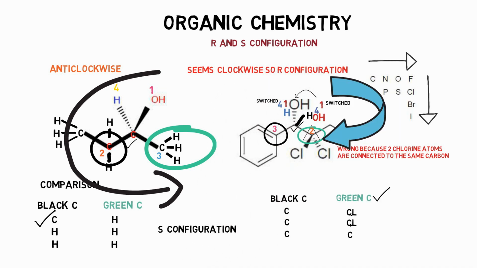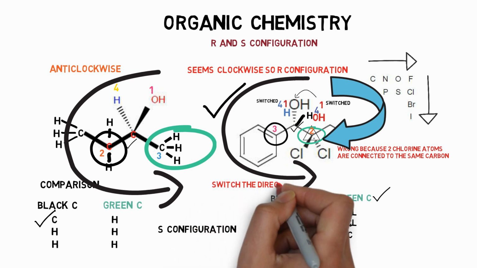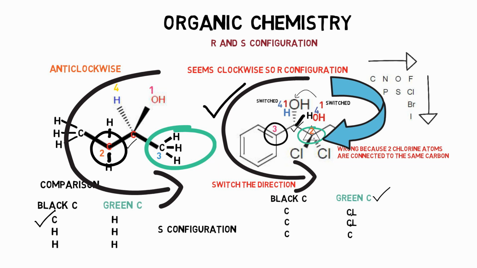But as we switched the group, when we want our final answer or the final configuration, we have to switch the direction as well. Like if we have S, then the answer will be R, or if we have R, then the answer will be S. So here our final answer will be S configuration.